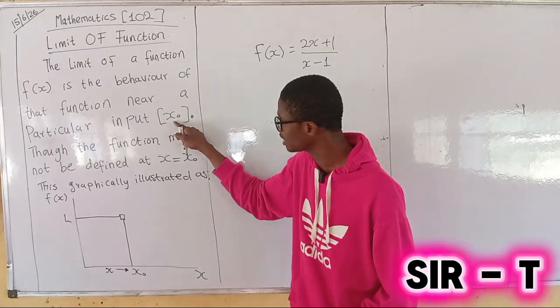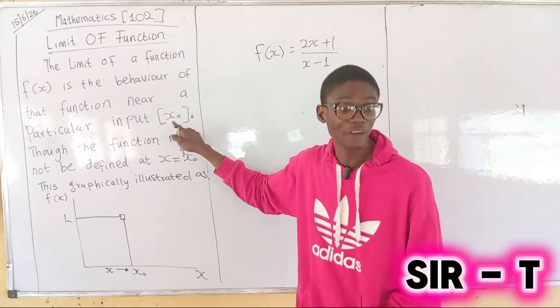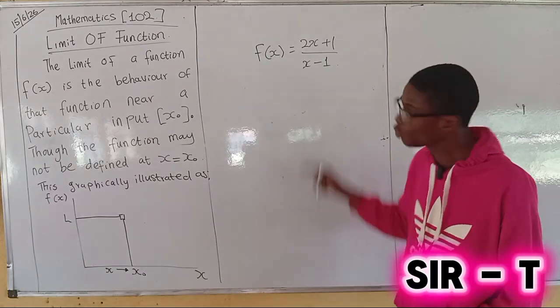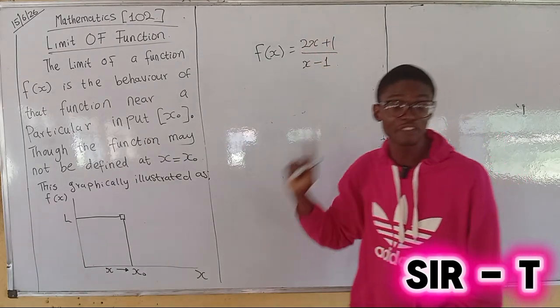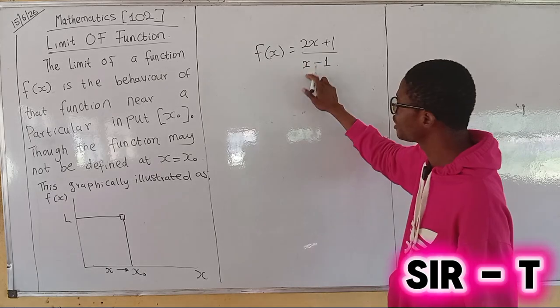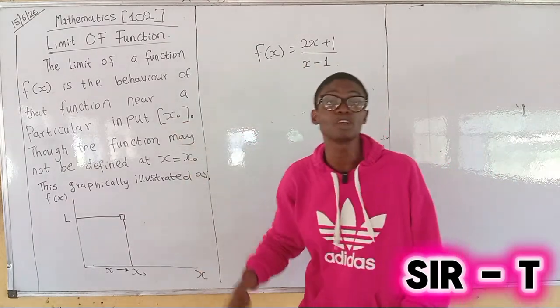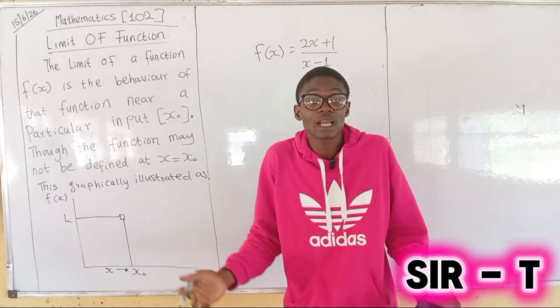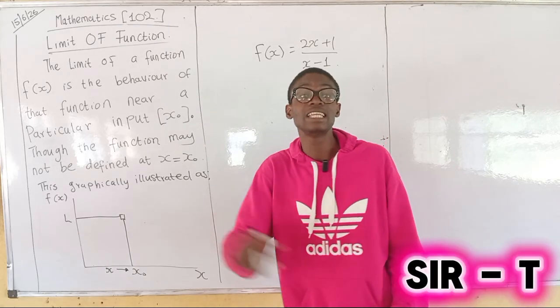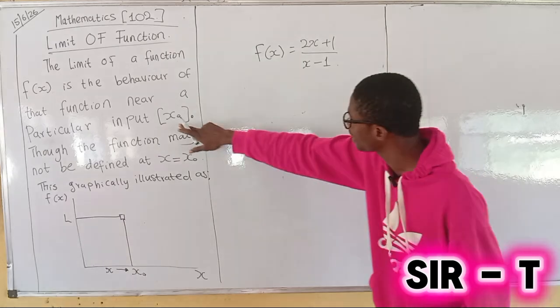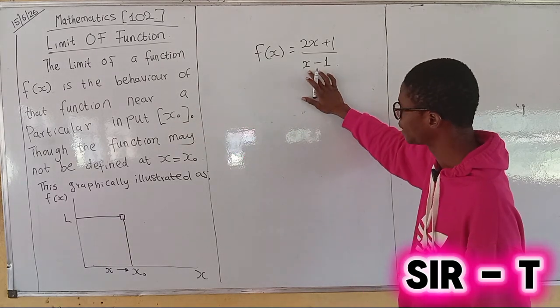So x naught means a particular value. In our own case, it is 1, so 1 is where this function cannot be defined. They put x naught because it can be any value; the value where the function is not defined can change with different functions.